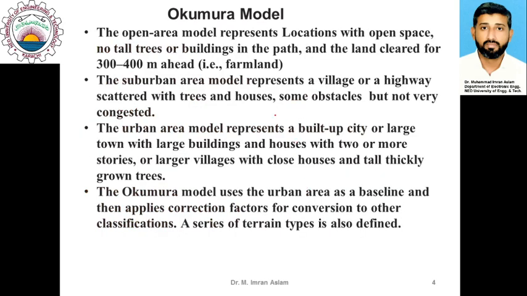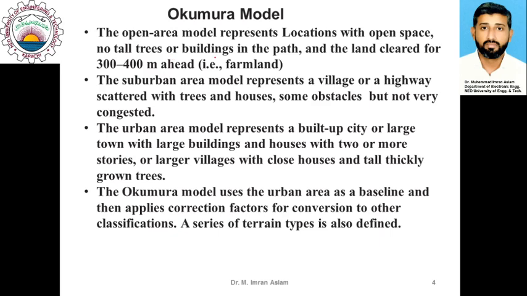So as I said, there are 3 different types of environment which were used in the classification of this model. First one is the open area model. This open area model represents a location where we have plenty of open space.